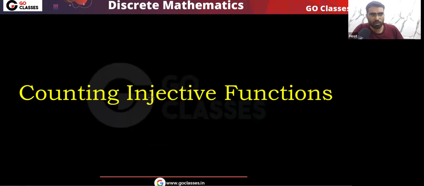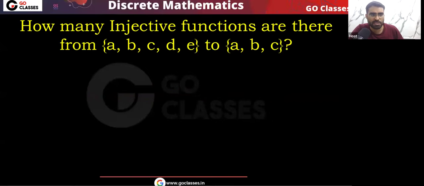Let's count the number of injective functions. Now we are going to count the number of injective functions. So tell me the answer here. How many injective functions are there from this set to this set? The answer is zero. No injective function is possible, right?